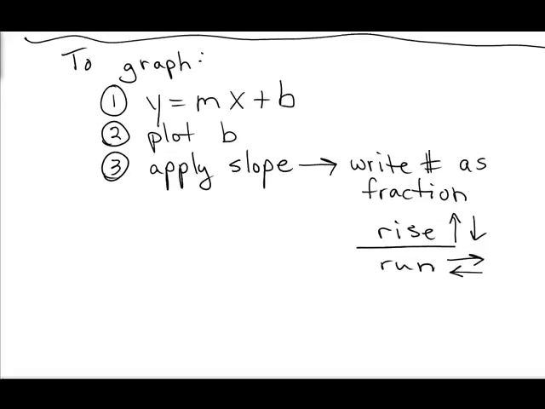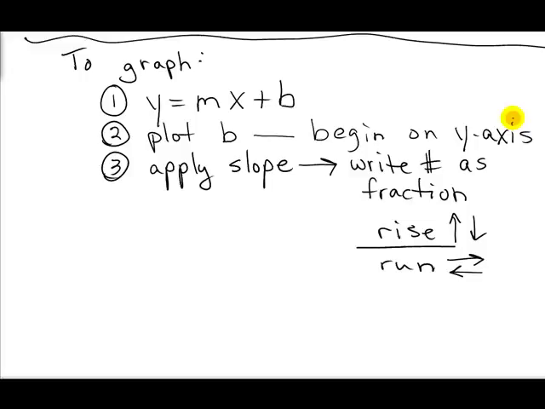So this is the information we need to do the graphing. You'll have the equation, has to be in this form. You're going to plot the b. So you want to remember here, b, begin on the y-axis.